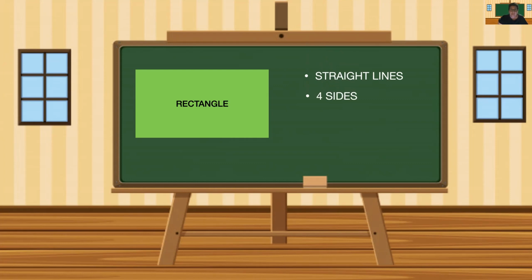All right. What is special about the sides of the rectangle? Are they all the same like a square? Are some of them the same? Okay. Our rectangle has 2 sides that are short and two sides that are long. That's what makes a rectangle different from a square.